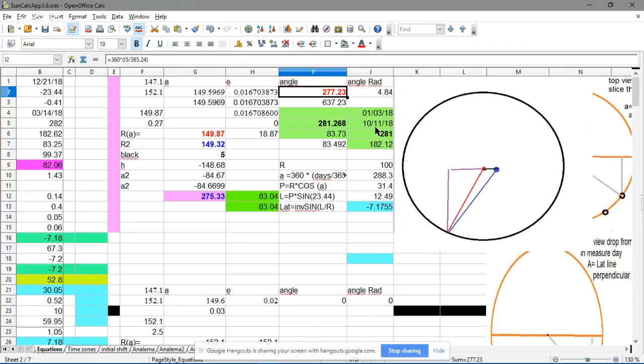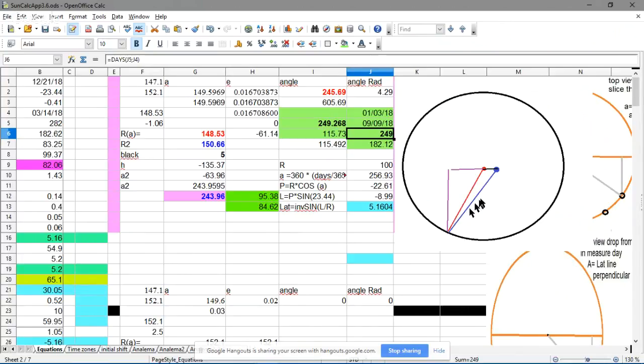So let's say 9th of September. Yeah, that looks better. So 245, that's around this. Now we need to know that the red angle is the direction of the Earth from the empty focus. We need it from the blue or the sun focus.